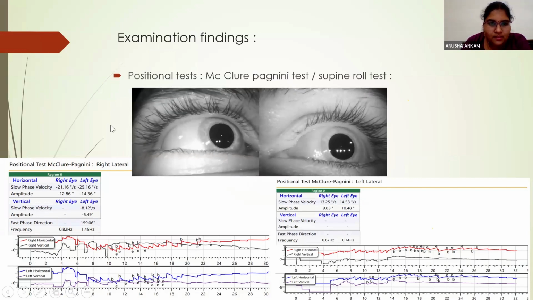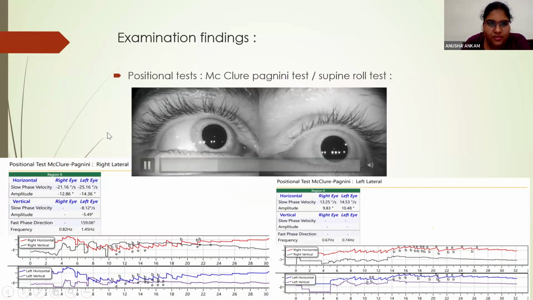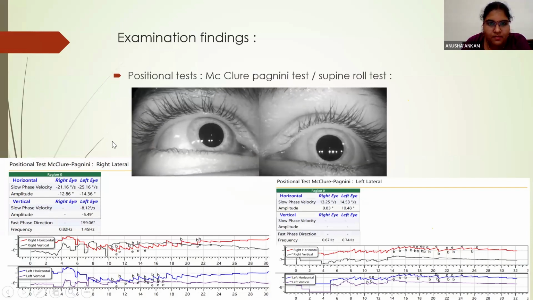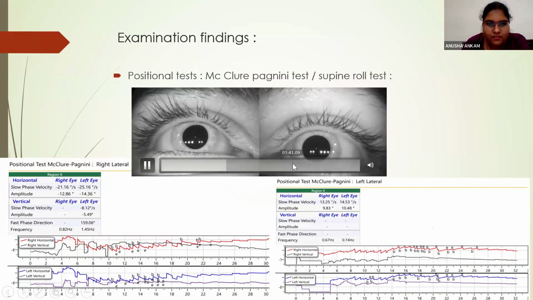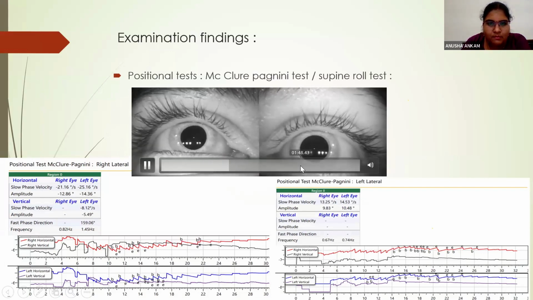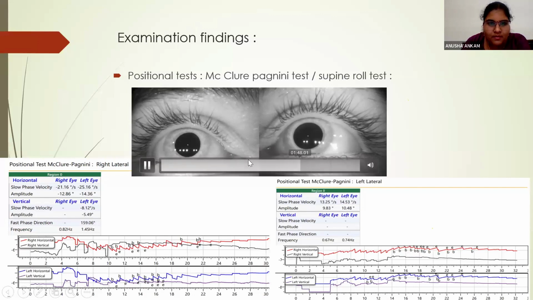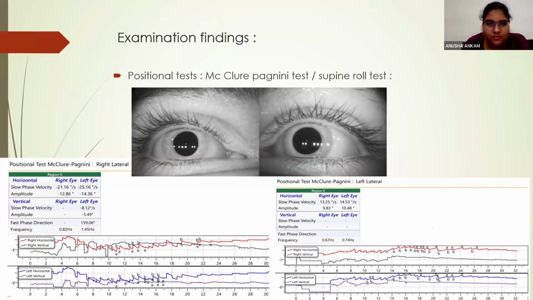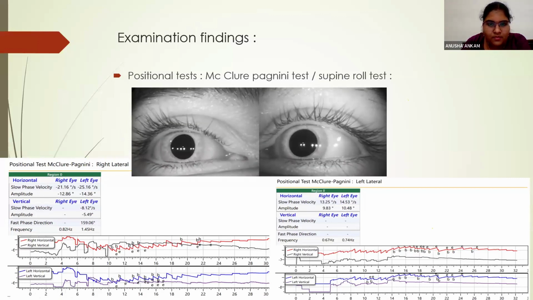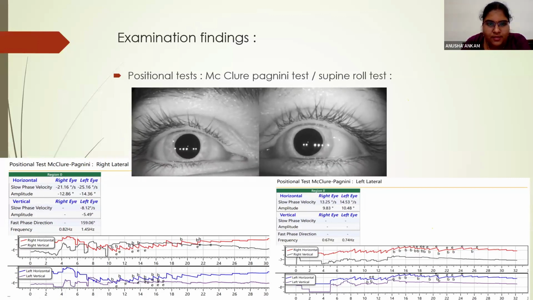In right lateral, we can see the right beating nystagmus. In left lateral position, we can see the left beating nystagmus.